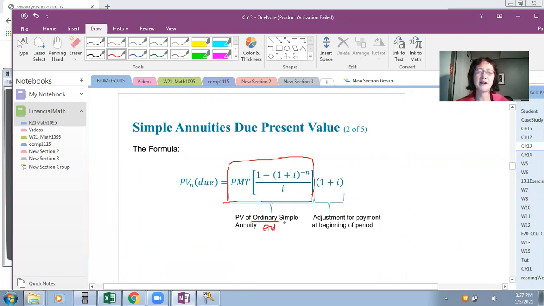Simple means PY equals CY. PY represents the number of payments per year. CY represents the number of interest conversion periods per year. And the keyword due means payment is made at the beginning of the period. You take the ordinary simple annuity present value and multiply by 1 plus I, and it becomes the due present value.